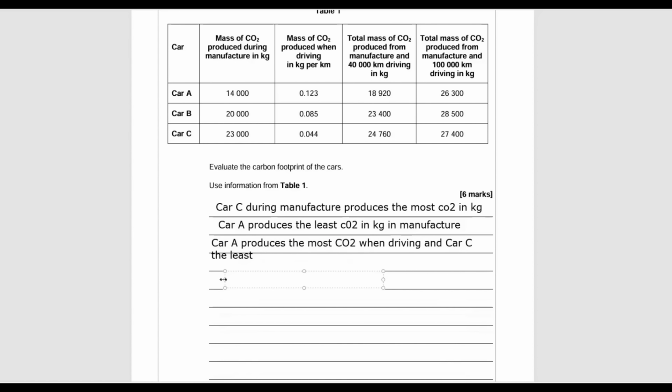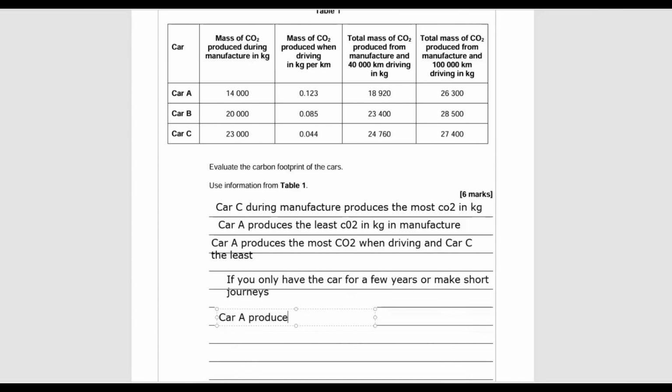Okay. Now, what we do find is that if you only have the car for a few years or make short journeys, what we can definitely say is that car A produces far less CO2 in manufacture and driving for up to 40,000 kilometers.